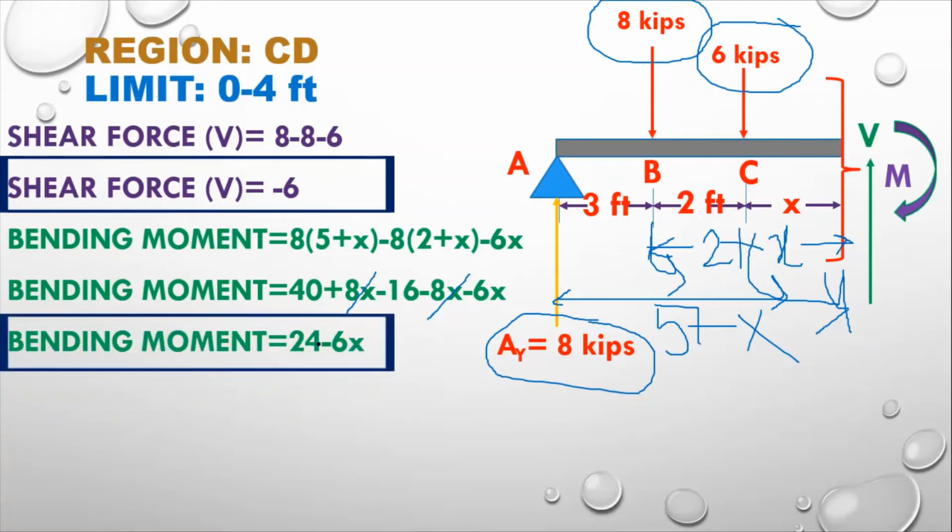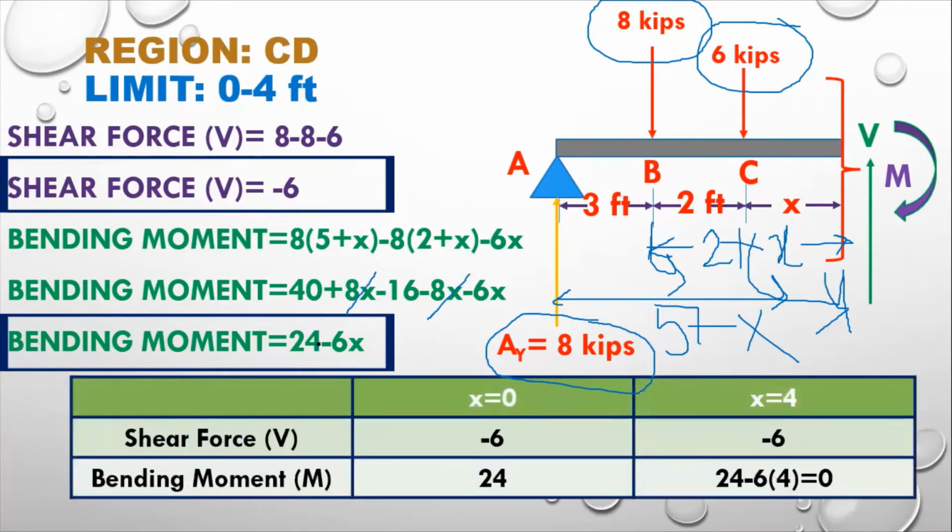So when we apply the upper and lower limits of 0 and 4 feet, the shear force will remain the same, but we will get a different value for the bending moment. You can see in this table that when x equals 0 and x equals 4, the shear force value remains the same, -6 and -6.